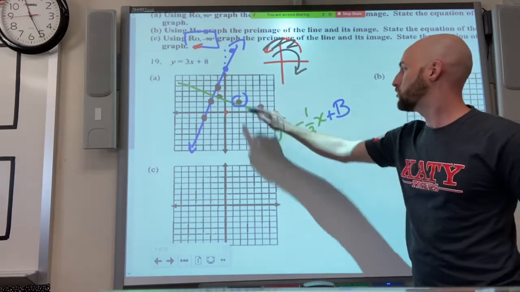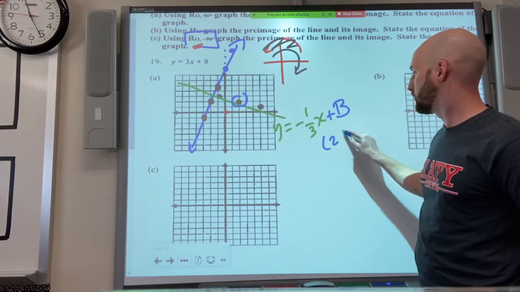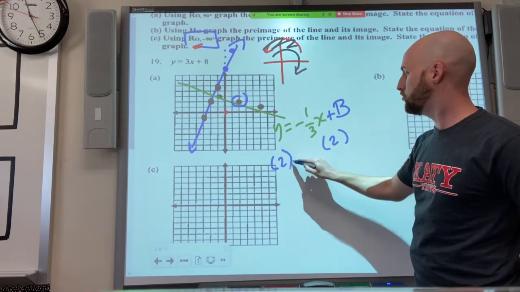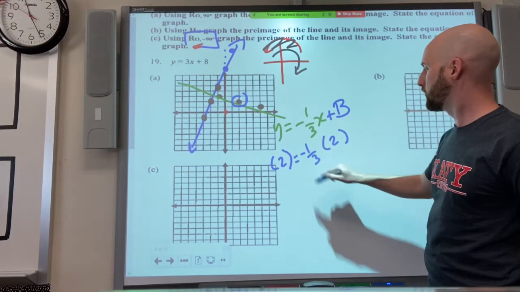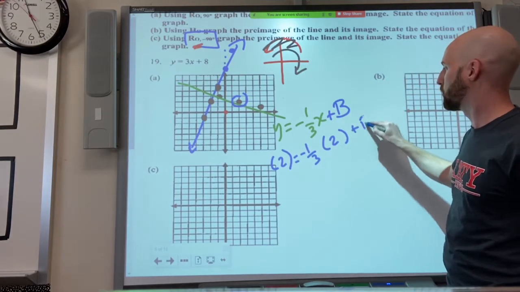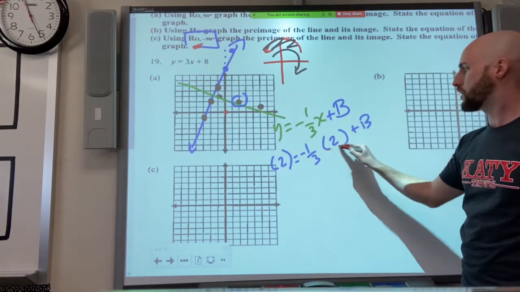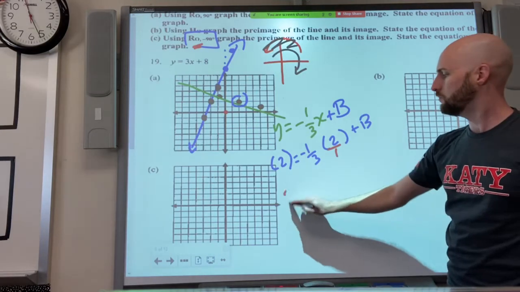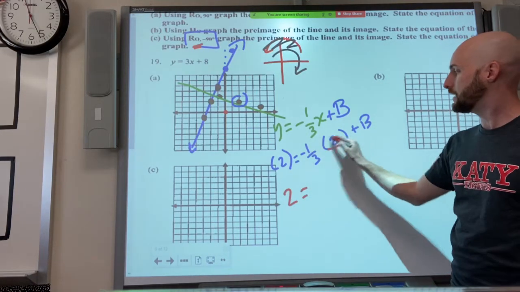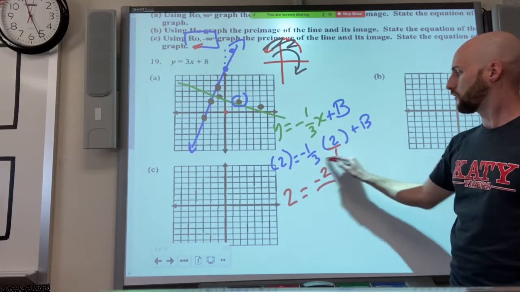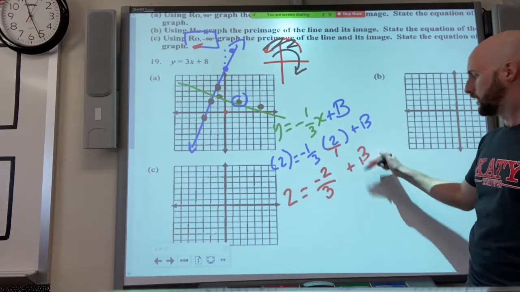Okay, so borrowing (2, 2), the x value is 2, the y value is 2, here is the slope of -1/3, and I'm trying to solve for plus b. So I'm just replacing x and y. Again, multiplying fractions is top times top, bottom times bottom. So 2 equals -2/3 plus b.